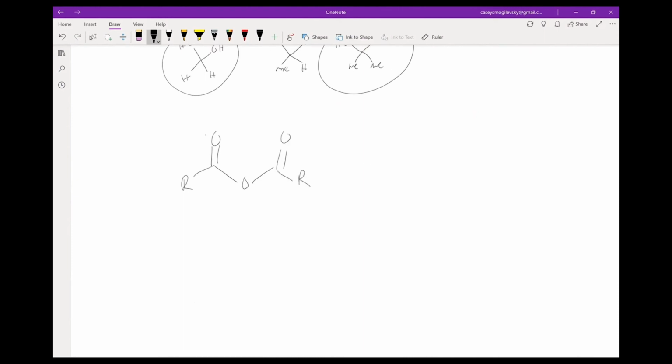So, if we're trying to do resonance structures, you can see what might happen is that there are two carbonyls that want to pull the electron density from this carbon. And what happens is that this oxygen is trying to share.